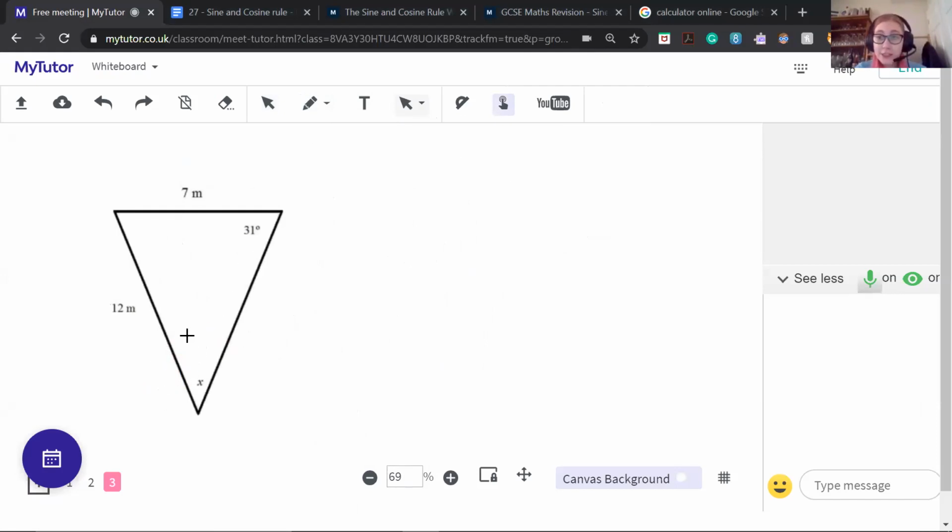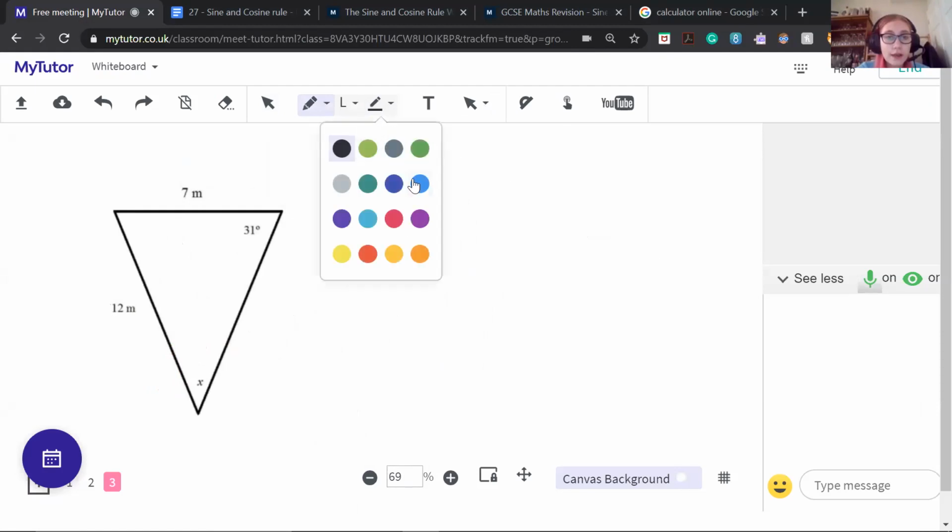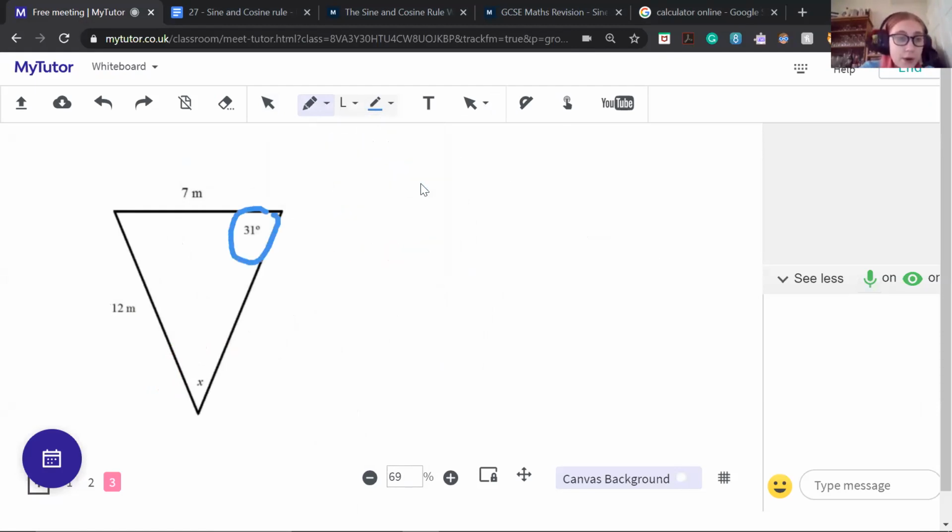So the first thing that we're going to do is match up the angle and the side pairs. So the way that we do that is, let's first of all look at this angle 31. The side that it matches with is the side that it's not connected to. So we can see that this angle 31 is connected to this side and this side. So therefore, the side that it matches up with is this one, the 12.